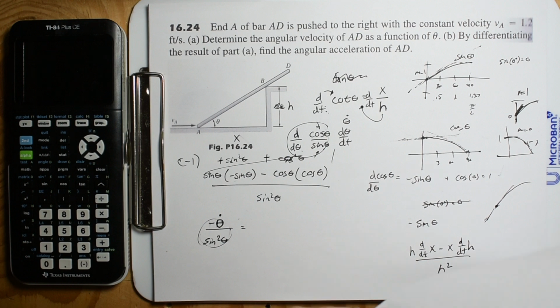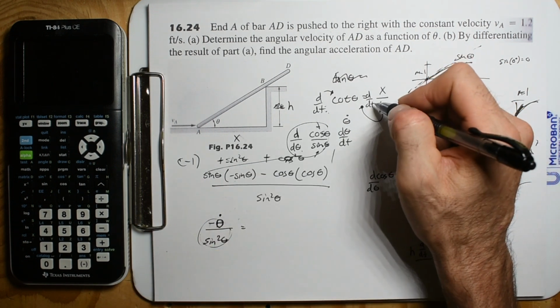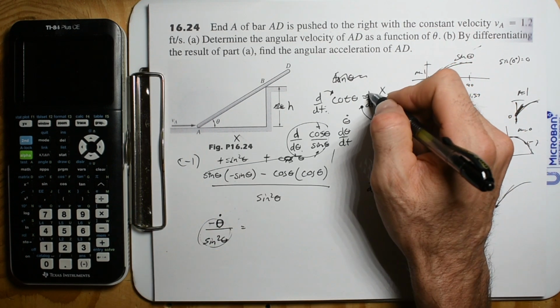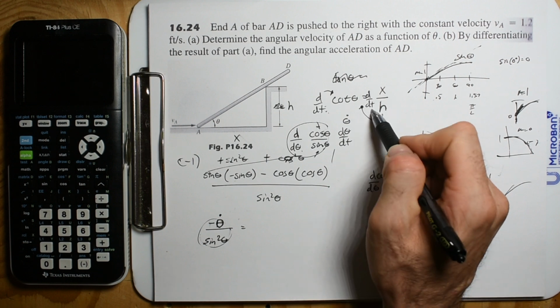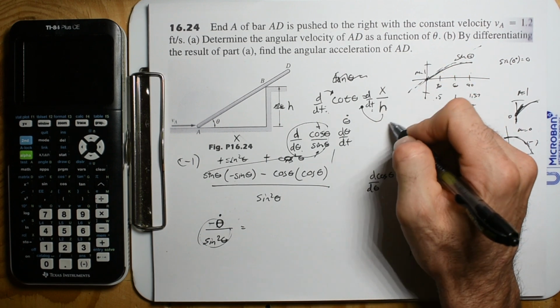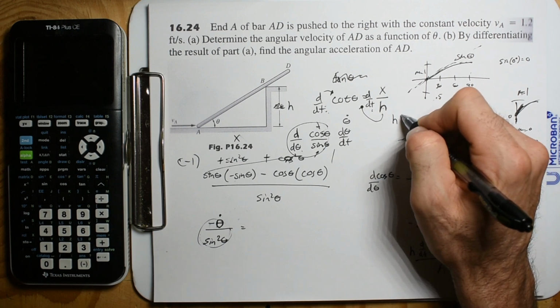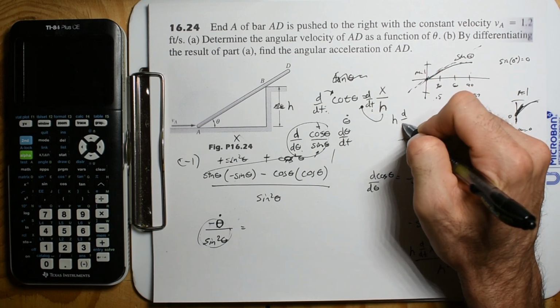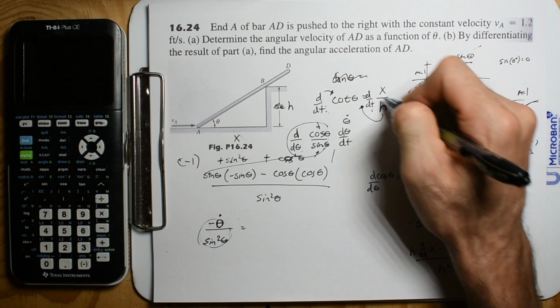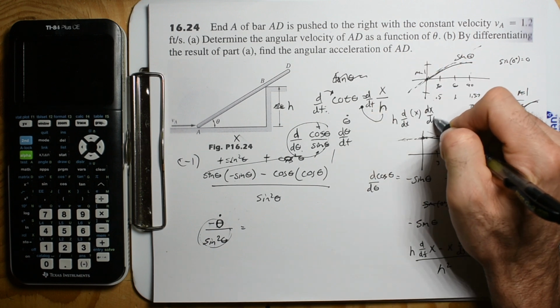So differentiating this with respect to time is the same thing as, well, we know h is constant, so we just say 1 over h, and now we need to differentiate with respect to x, but make sure we still have that dx dt.